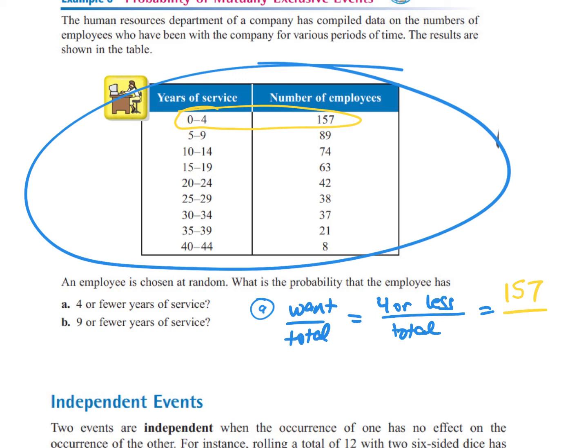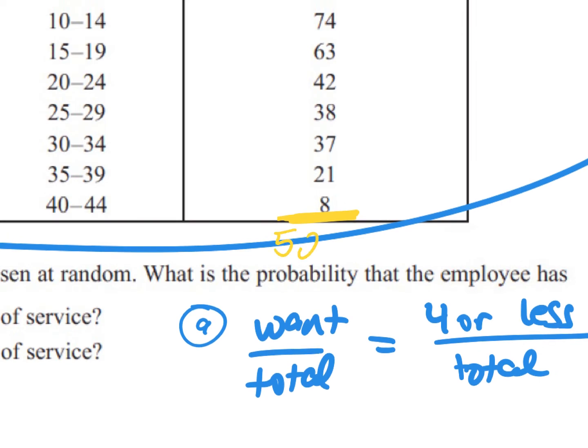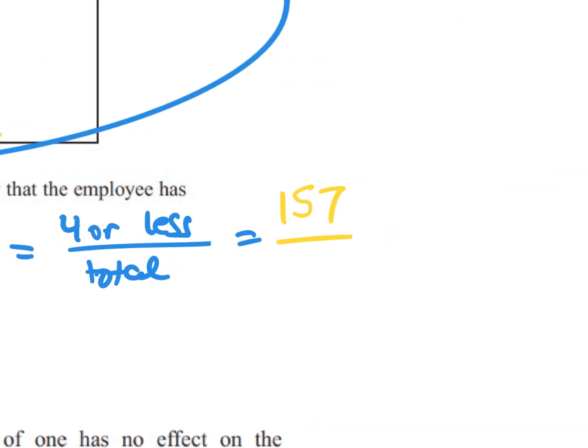Well, what do I have to do with all of those numbers of the number of employees? Add them up. What's the total? 529 is the total. So everybody see how I got that? I took what I was looking for and put it over the total.